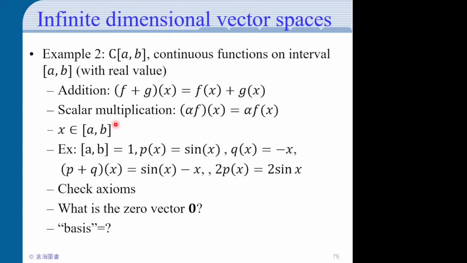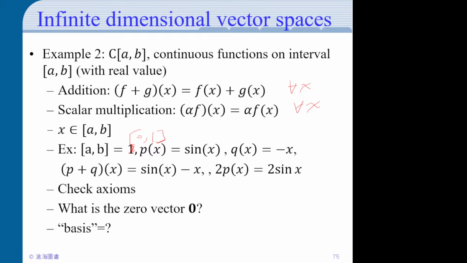So a and b can be some interval, maybe 0, 1. So x is some number between a and b, and actually what we are saying is that those two things hold for each x. So we have a pointwise definition for the function.